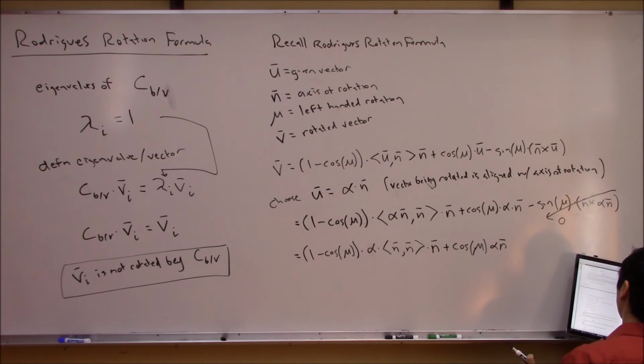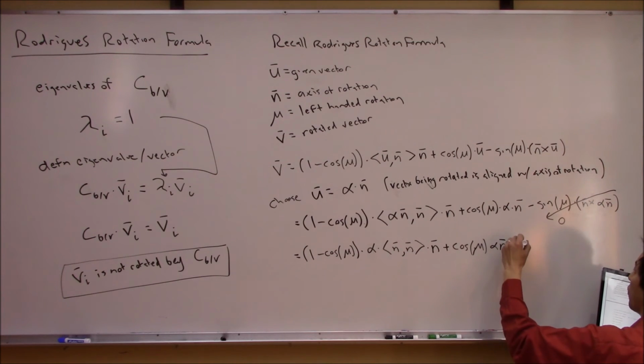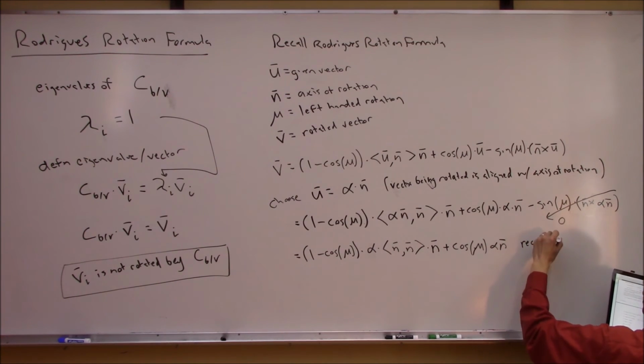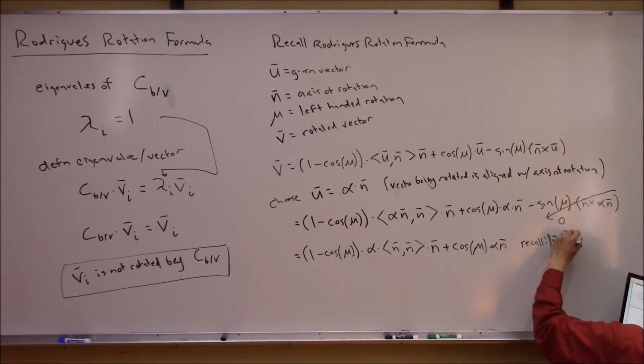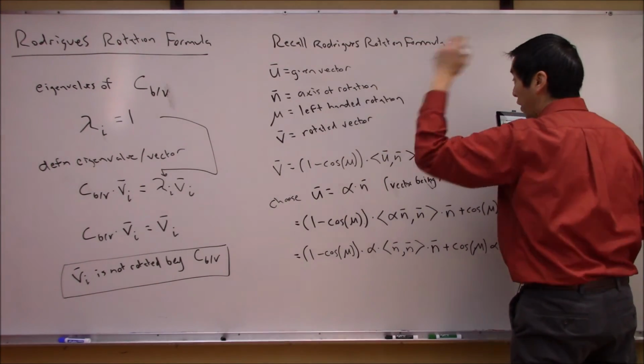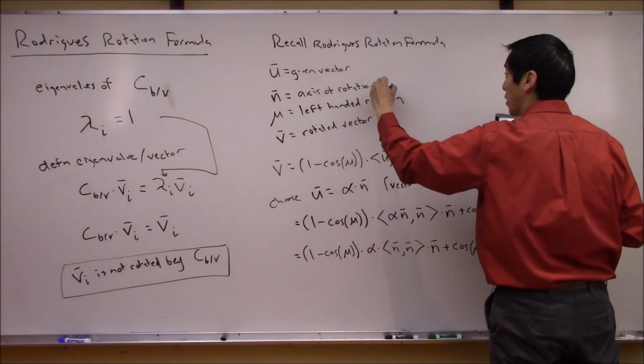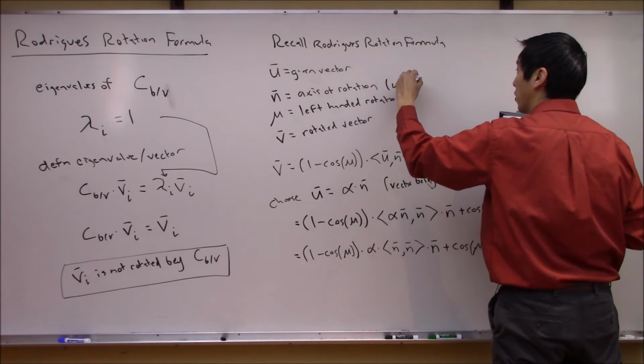Now, what we should also recall is that n is a unit vector, so its magnitude is 1. I forgot to put this up here: this axis of rotation n is a unit vector describing it.